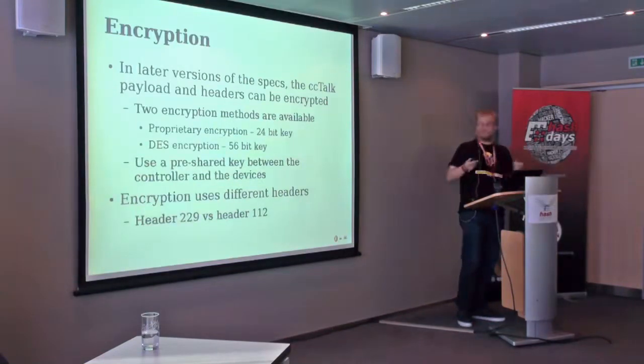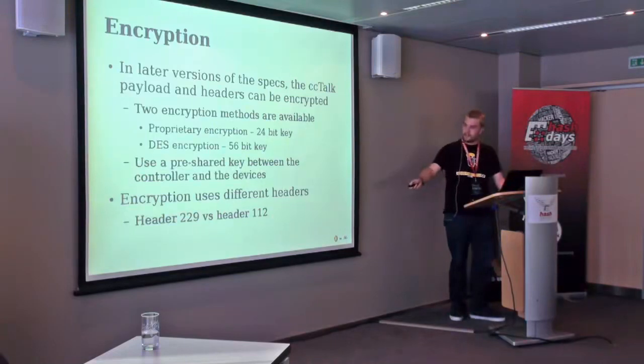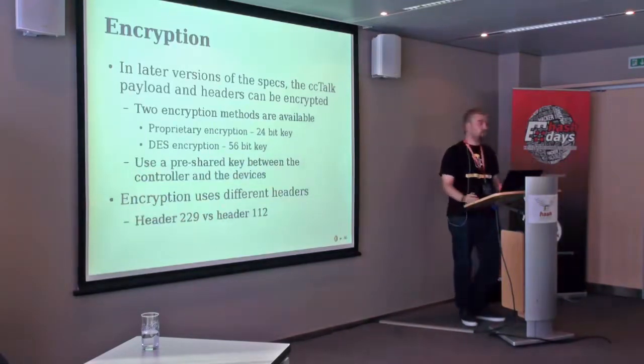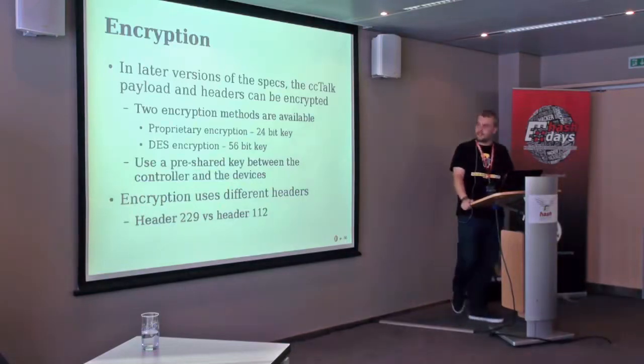Even if encryption is enabled, you are able to send this command and get the data unencrypted. There's no disabling. The clear text header is not disabled when using encryption. So if you really want this information, you are still able to have it. It's great.